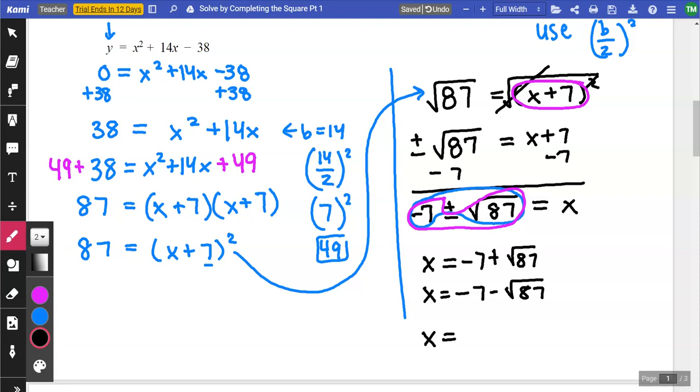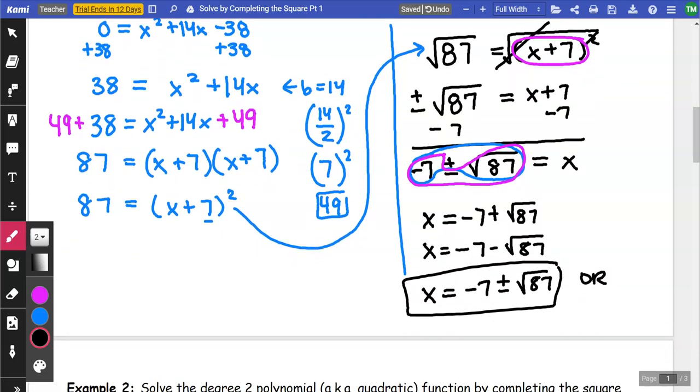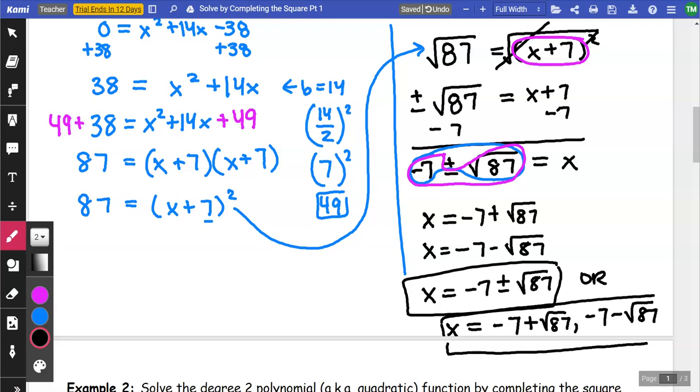When you tell me what x is equal to, you can either write it as x equals negative 7 plus or minus root 87, or you can write it as x equals negative 7 plus root 87, comma, negative 7 minus root 87. Either of those ways will work, depending on your preference.